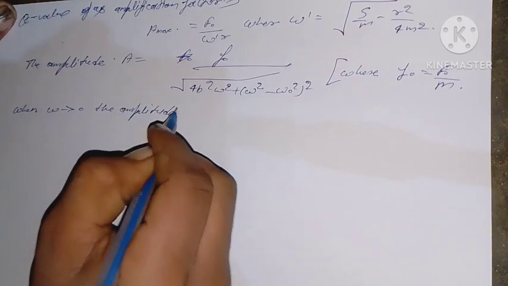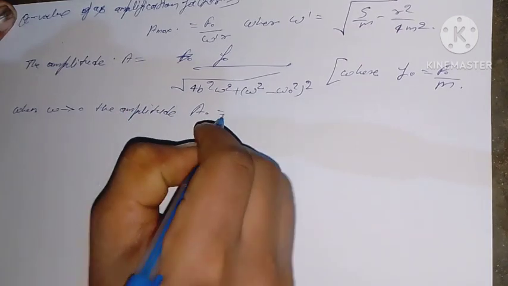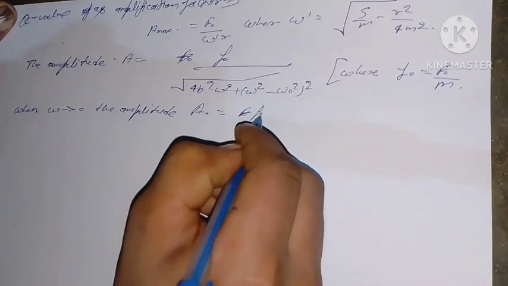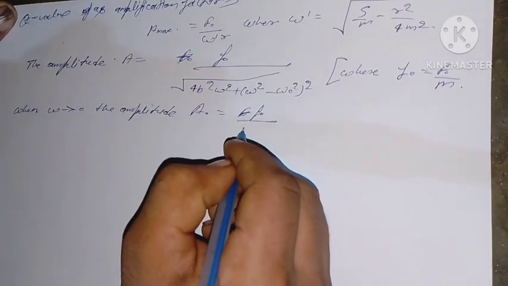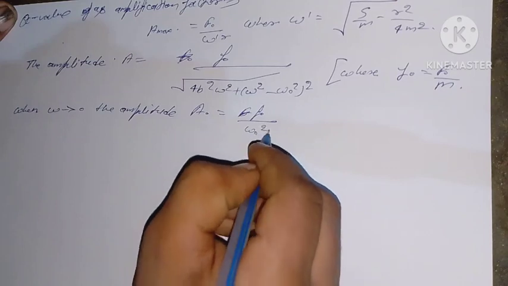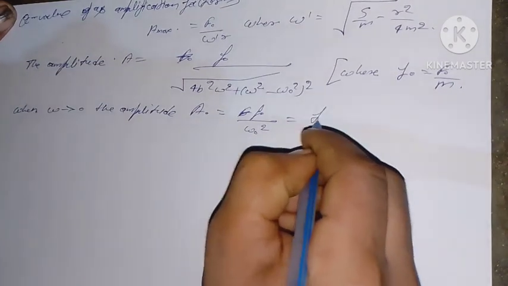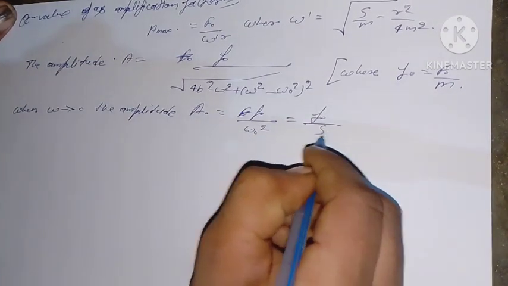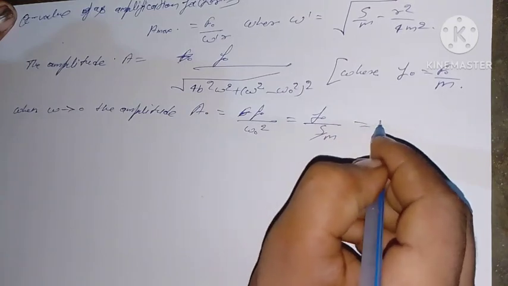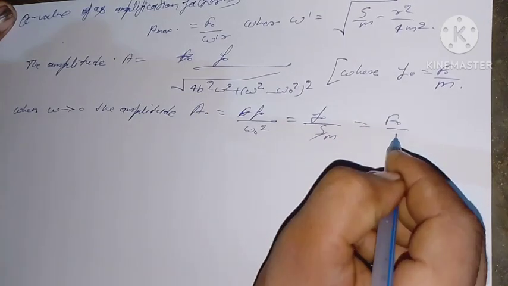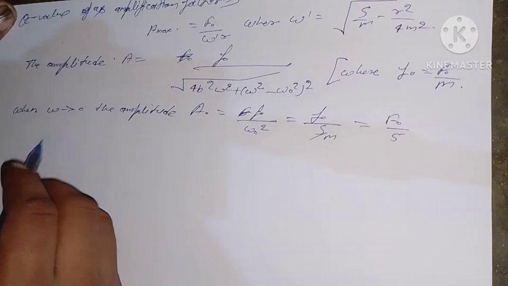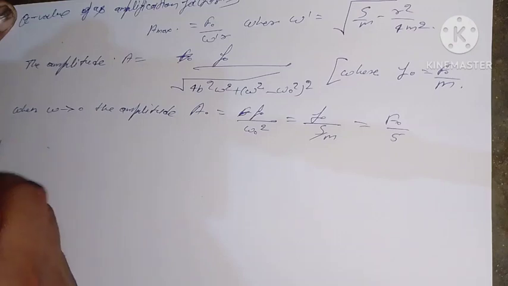When omega tends to 0, the amplitude A naught equal to F naught upon omega naught square, that is F naught upon S by M, that is capital F naught by S.